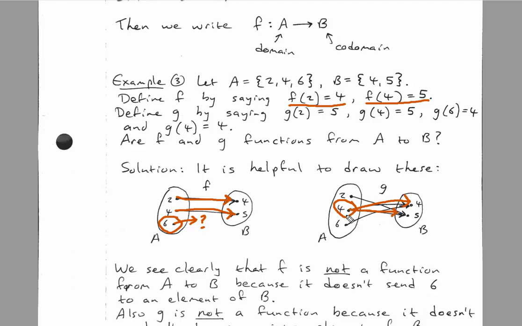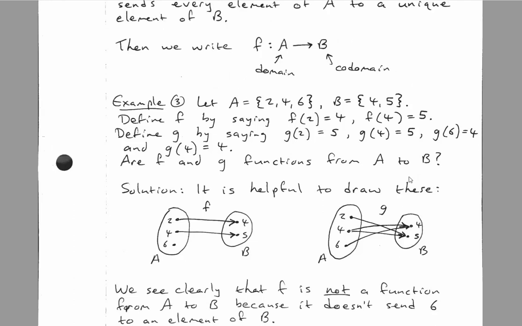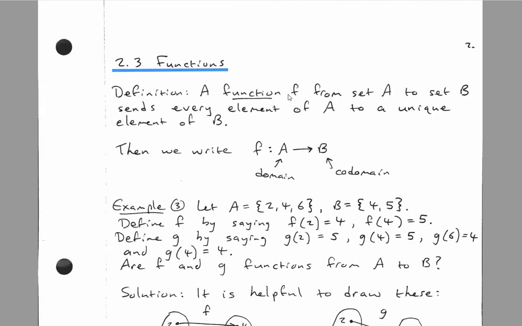Okay, so 4 is not getting sent to a unique element in B, so that means that g is not a function either, for a different reason. All right, so again, to be a function, you have to send every element of A to a unique element of B.